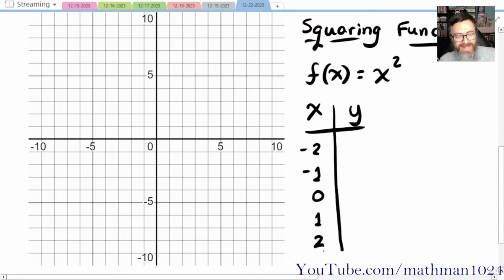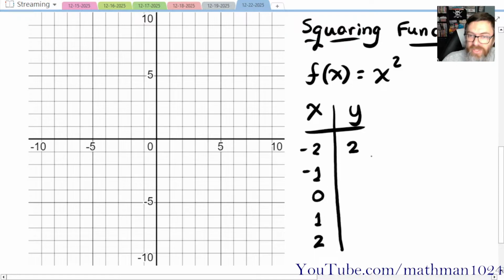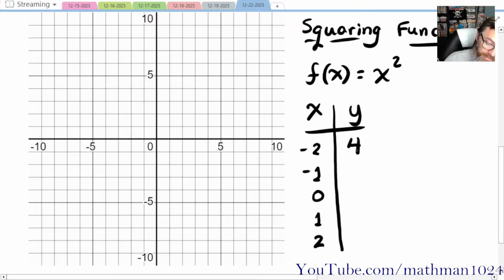Again, the squaring function squares your inputs. If you square -2, you get +4. You square -1, you get +1. Then you get 0, 1, and 4.